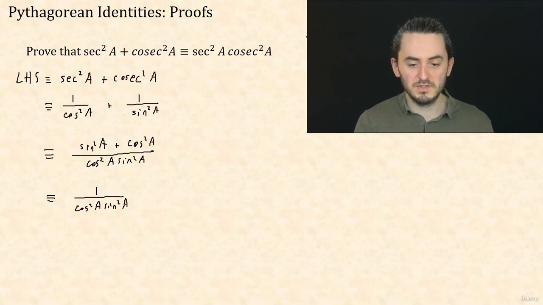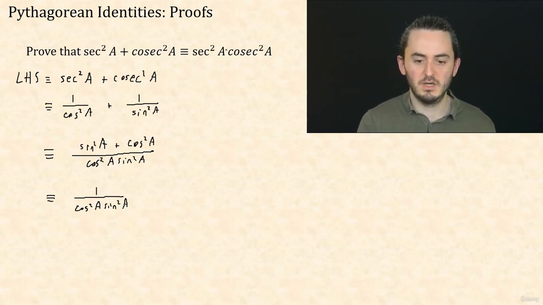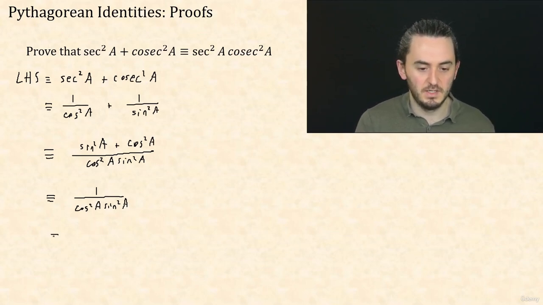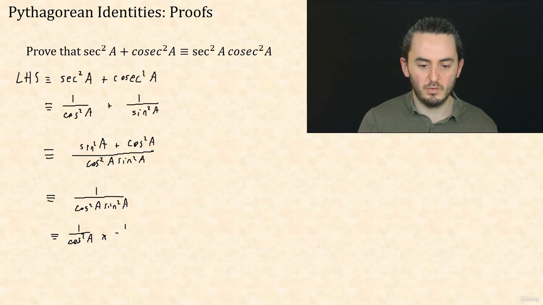Well, maybe you can see where we're heading, maybe you can't. If you can't, look over here and try to give yourself a bit of a target. Sec squared a is 1 over cos squared a. Cosec squared a is 1 over sine squared a. And look, we've got both of those things here. All we need to do is tease them apart. 1 over cos squared a times 1 over sine squared a, and that is just what we wanted.